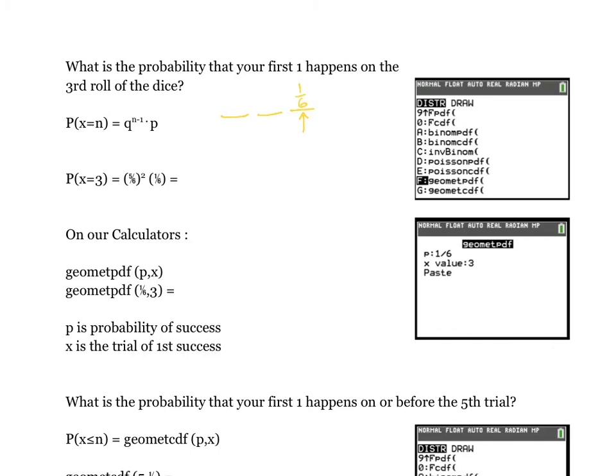But on the first 2 rolls, I couldn't get success, which means I had to fail. So those 2 rolls would be 5/6 each. So the chance of getting a 1 on the third roll would just be the product of those 3, which is 25 over 6 to the third, which is 216, which ends up being about 11.5%, 11.6%.